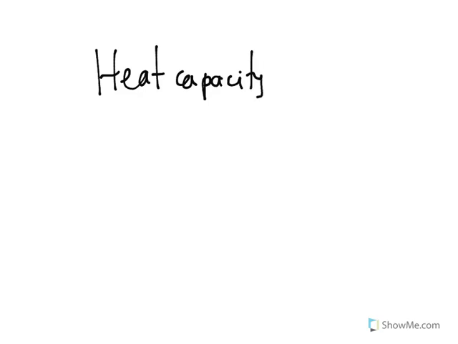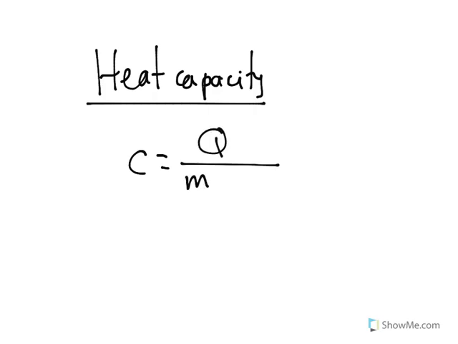We define what is called the heat capacity, and the heat capacity is the amount of heat that any given body is going to have, the amount of heat per unit mass per unit temperature.